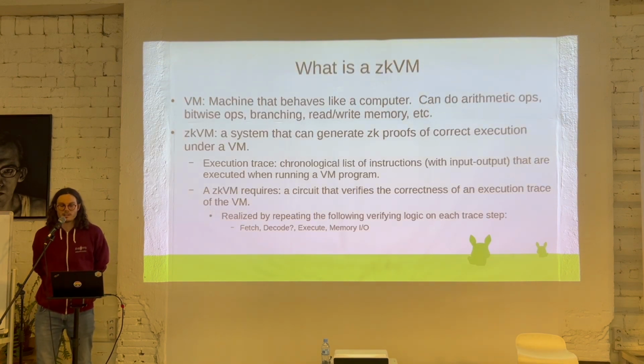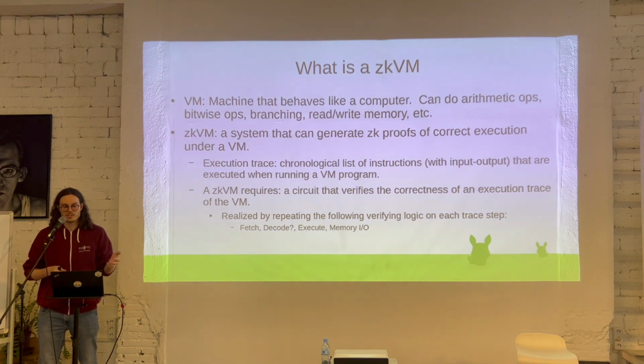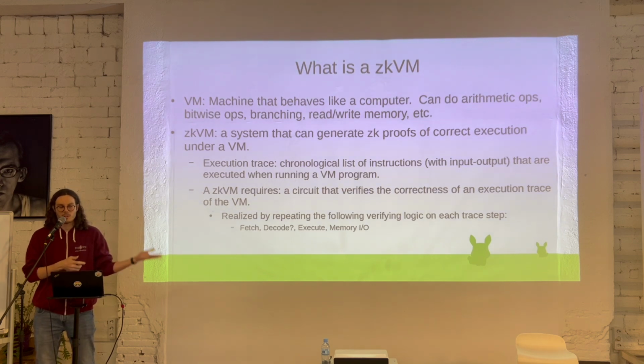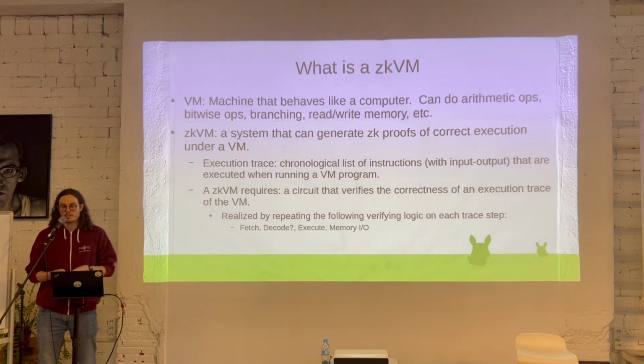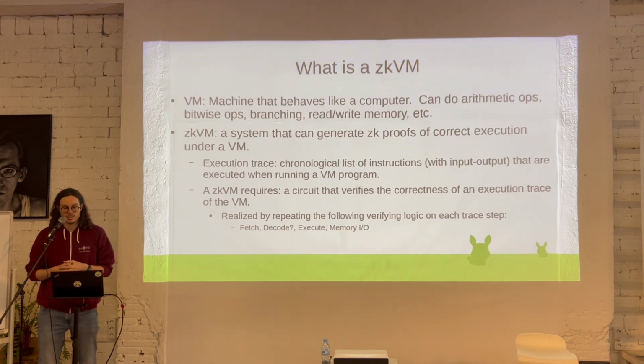And now, what is a zkVM? In this sense, the term VM is usually used for software machines, but in this case, we're also using it for hardware machines. So basically, it's a model of a computer that can do arithmetic operations, bitwise operations, branching, and can access some memory, and this gives us Turing completeness, so we can execute any kind of program in a VM.